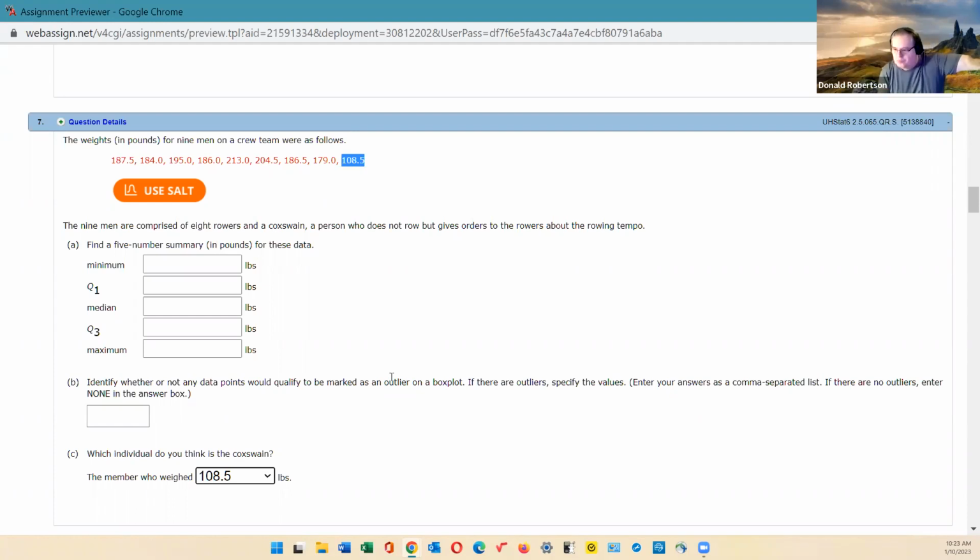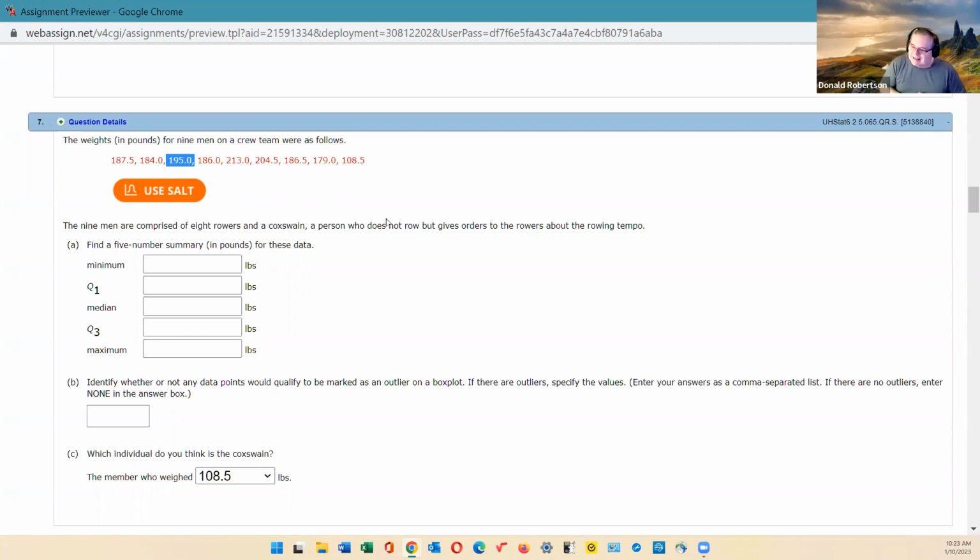Somebody who's really, really small or somebody who's really, really heavy. So if I was going to make a prediction, couldn't that person be an outlier? Now, if I scan the data, do they have some really, really heavy, muscly person? Well, the biggest person I can find is what, 195, right? So they could be an outlier as well, couldn't they?